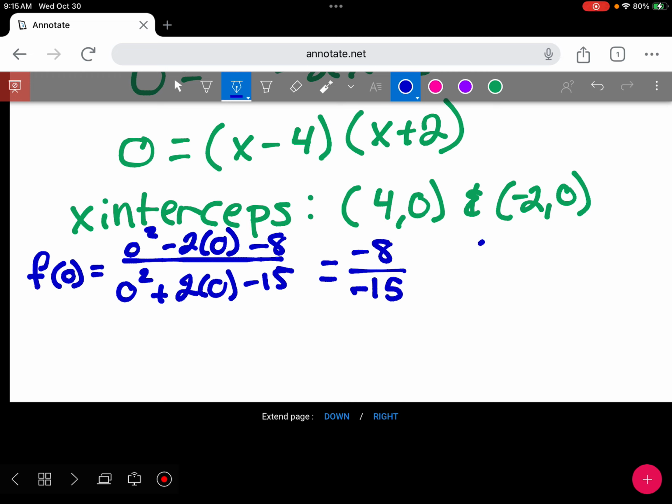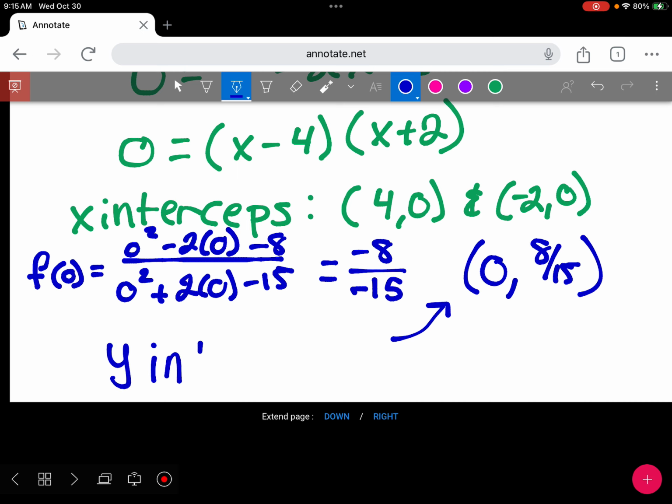So we have a point at 0, 8/15, which is not pleasant, but doable. It's a little bit over a half, because 8/16 would be a half. So our x-intercepts are at 4 and negative 2, and this is our y-intercept, just so we're labeled.